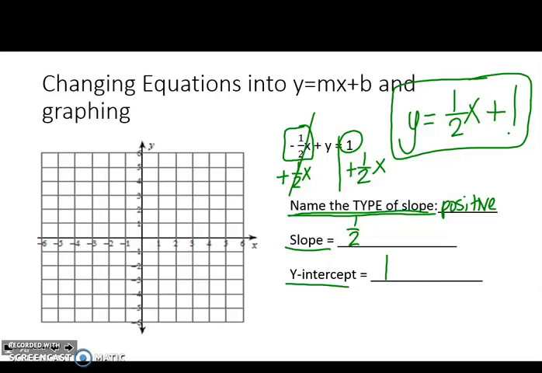So I should see all of this work for every single problem, even if these lines are not on the problems, because they're not going to be every time. You just have to know to do that. And when I get done, I should get a positive line. And I do.